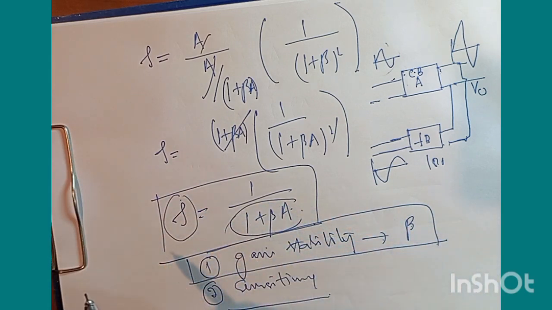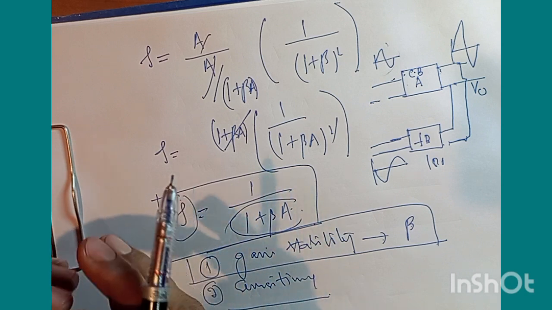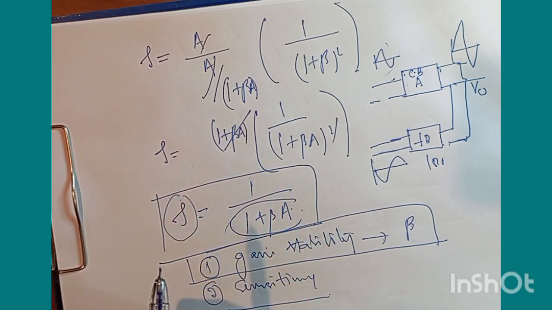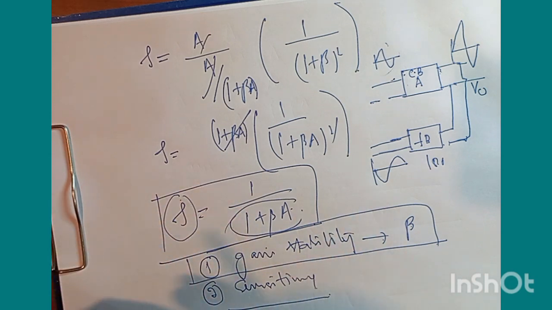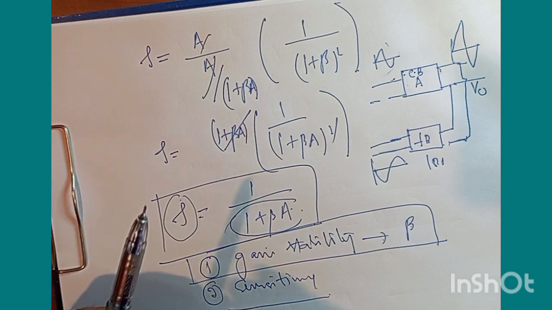So this is another important application of negative feedback that we make use of in amplifiers, and certainly making use of negative feedback gives these two important applications. One is stability in gain, and another is decrease in sensitivity of the amplifier.